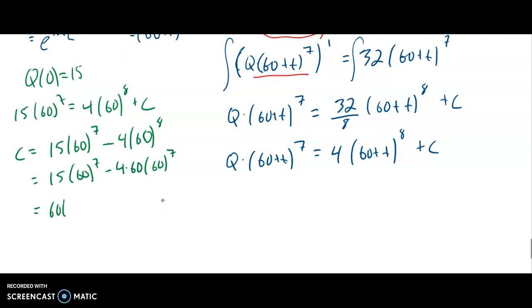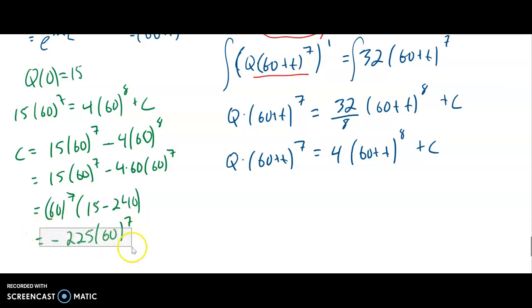This is 60 to the 7th times, if I factor, 15 minus 240, which gives me a nice clean answer of negative 225 times 60 to the 7th. And then I can just use that all the way through instead of using some messy decimal that winds up being like 6.299 times 10 to the 14th.